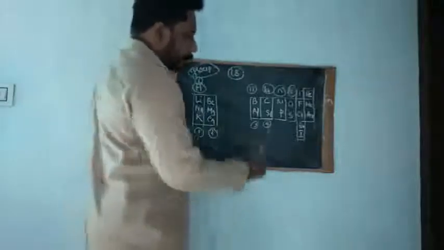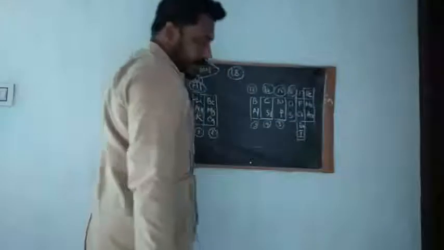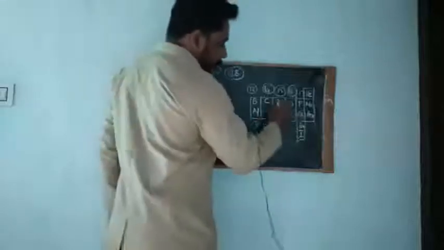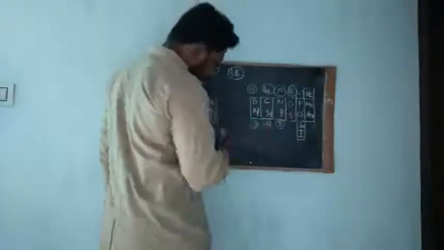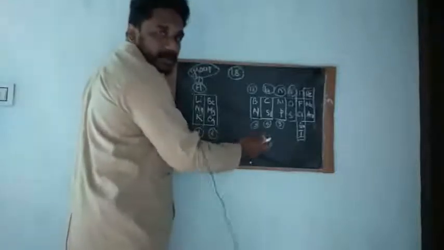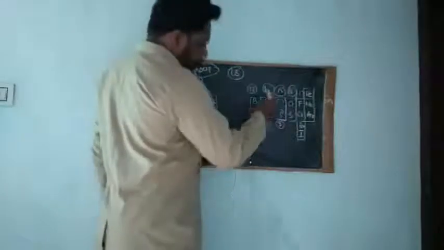Then the 15th group, again valency 3. Let me explain this. Why are they donating or sharing electrons? To make 8 electrons in the outermost shell.